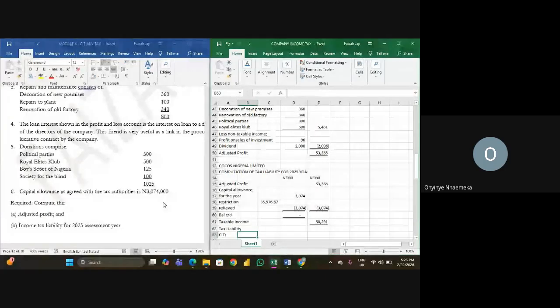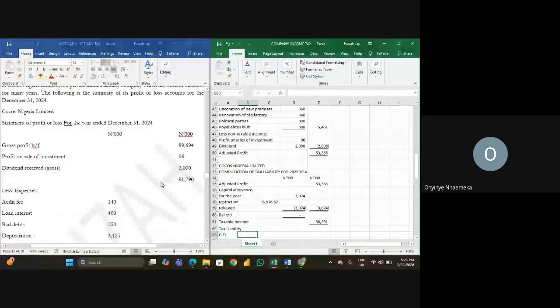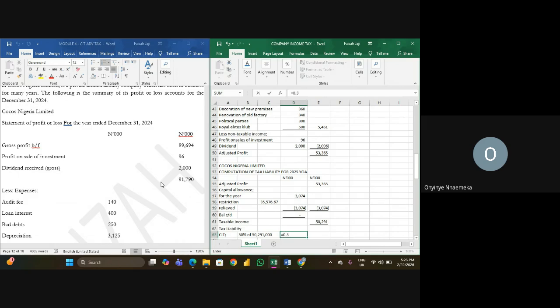So now this company that is having gross profit of 89 million definitely has sales that is more than 100 million. So I'll be classifying it as a large company and not a medium company. Therefore, CIT is going to be 30% of 50,291. So equals to 0.3 multiplied by our figure here.